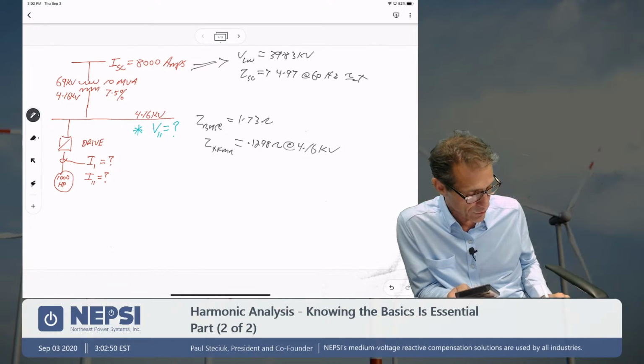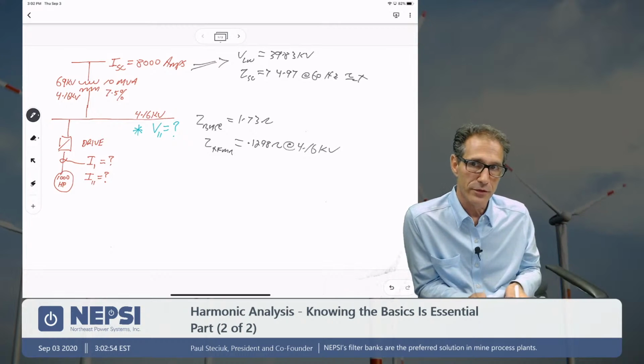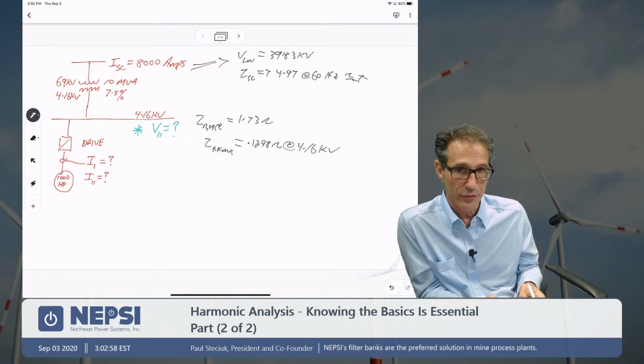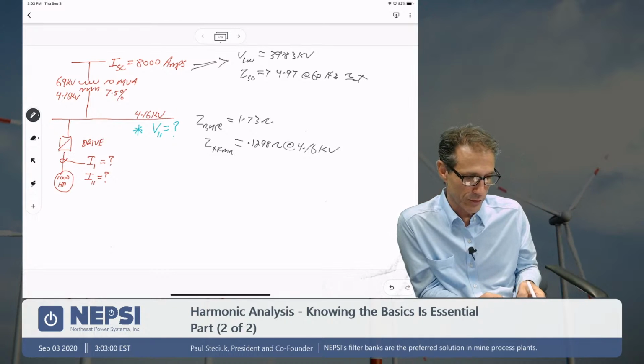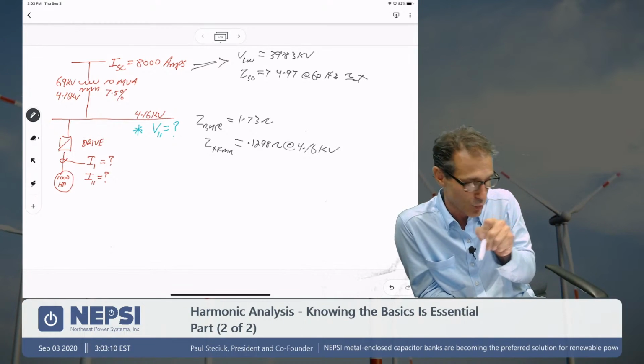So the Z short circuit is at 69 kV, so I've got to reflect that through the system. Remember, it reflects through by the transformer ratio squared. So 4.16 squared over 69 kV squared, the multiplier is 0.0036. You can see the value gets pushed way down.